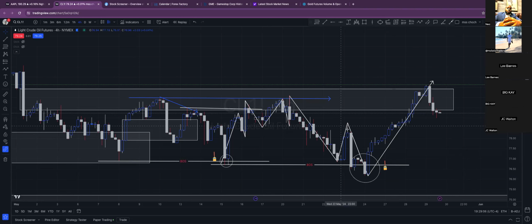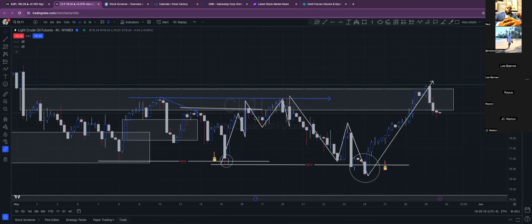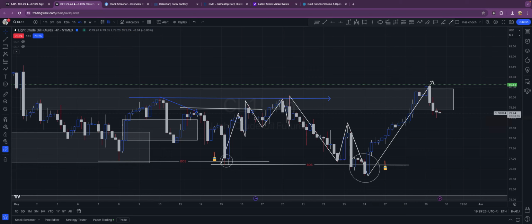But these are slight details you could have caught anytime throughout the day to say, hey, I'm going to go ahead and switch directions. I'm going to go long here. I'm not going to be stuck in my mindset to say I'm going to stay short. That's the thing. Some people get overcommitted to the trade in one direction when you have to be flexible.